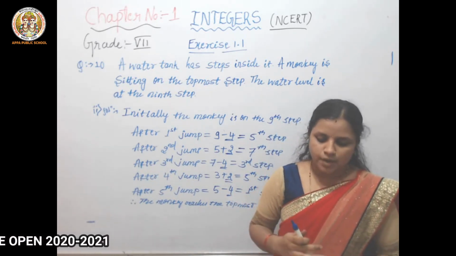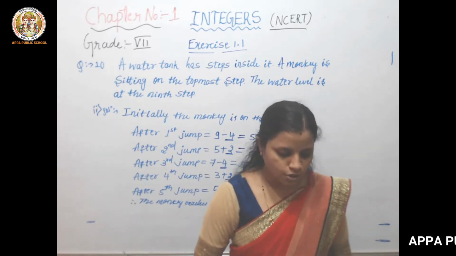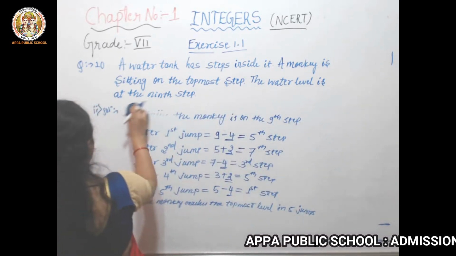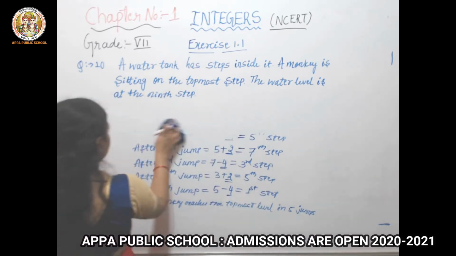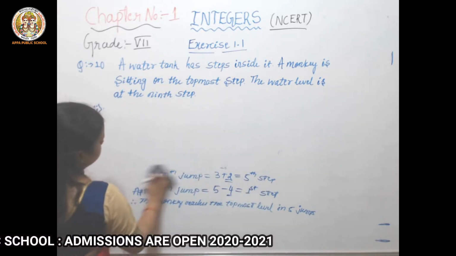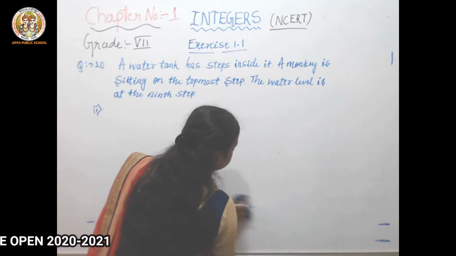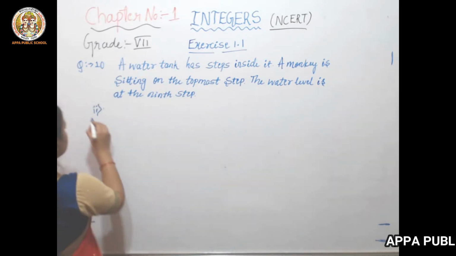Write his moves in part 1 and part 2 by completing the following. So here in the third question we have a sequence. You see, in the question itself they gave the sequence. What are the sequences?